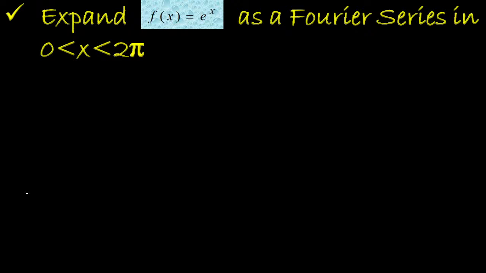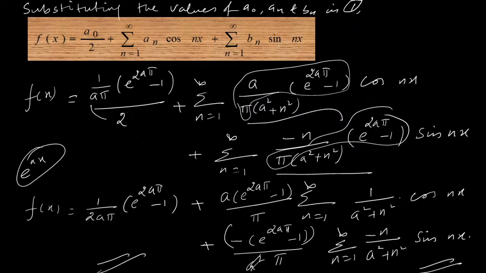Suppose you may expect a problem like this too. That is, expand the given function f of x equal to e power x as a Fourier series in 0 to 2 pi. So the only difference is the problem we have discussed had the exponential power e power ax, but here you have e power x. So in the previous problem we just replace a by 1, that is the value of a naught, an and bn.